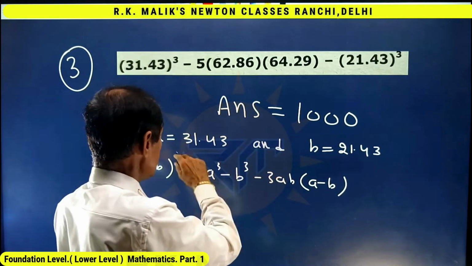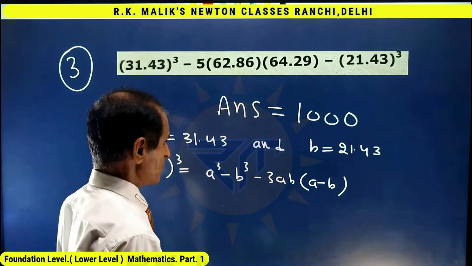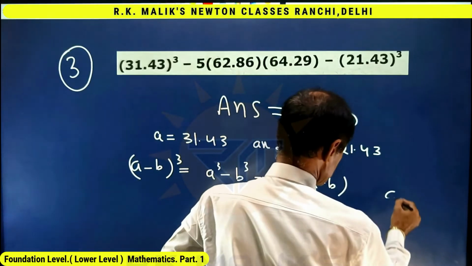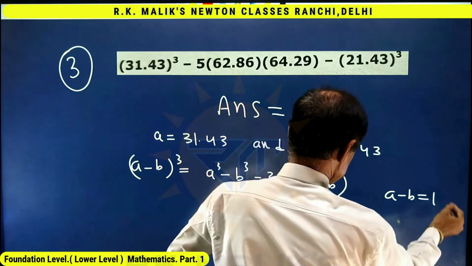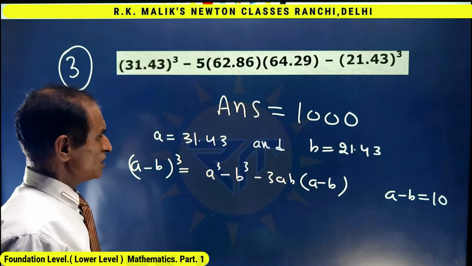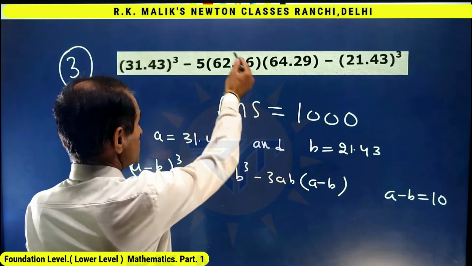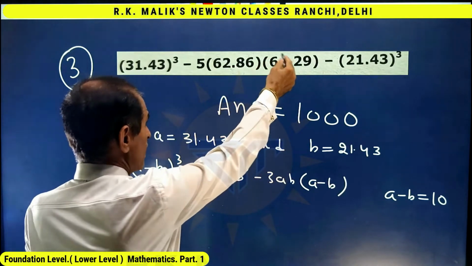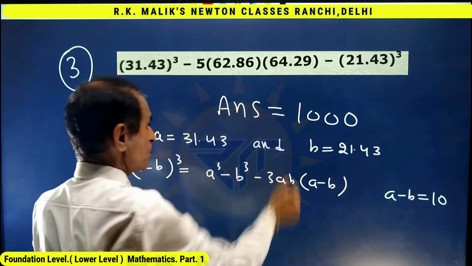First, see what is the value of A minus B. A minus B is clearly 10. It is easy to see that this is 2A and this is 3B.